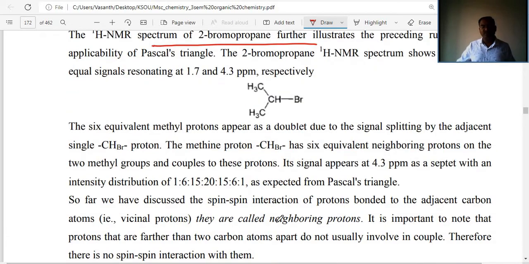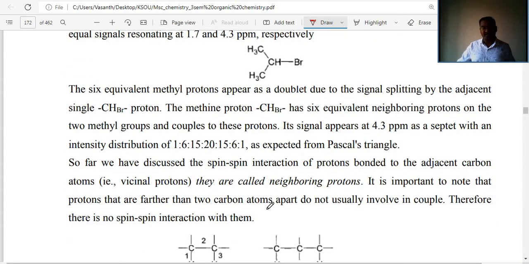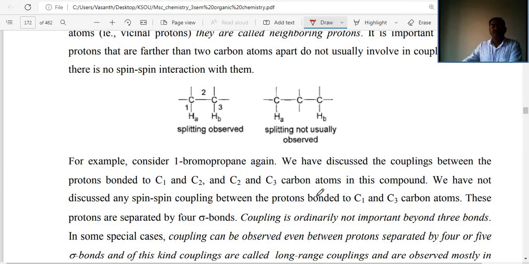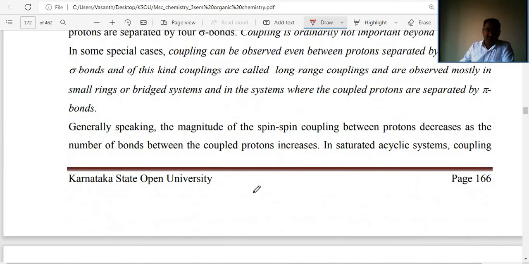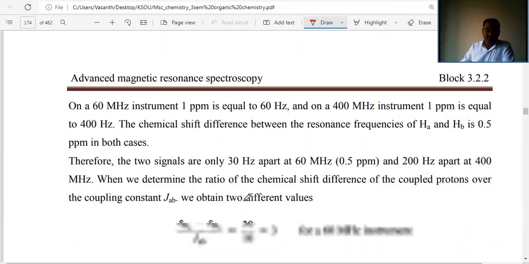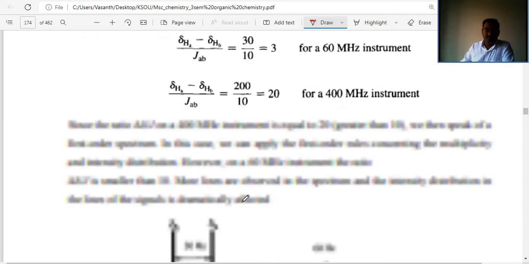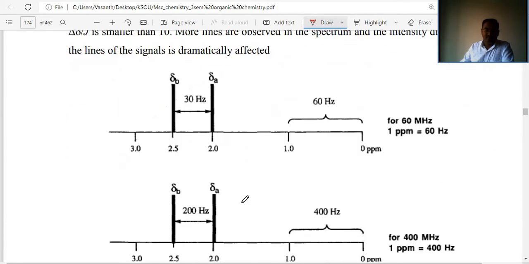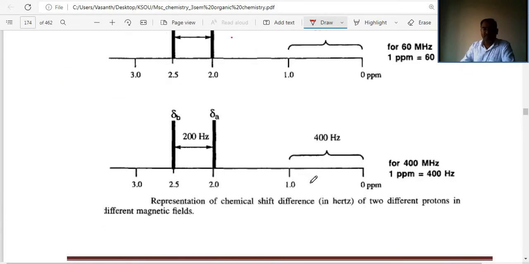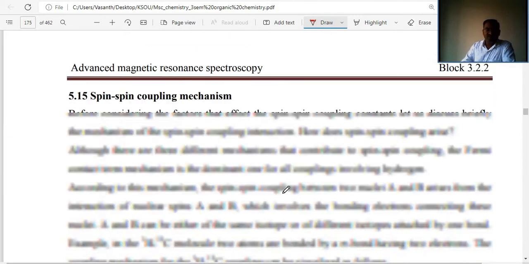Just go through that; the intensities and everything are very important. Splitting is observed here, and splitting is not usually observed there. These are some other examples. We go through that.